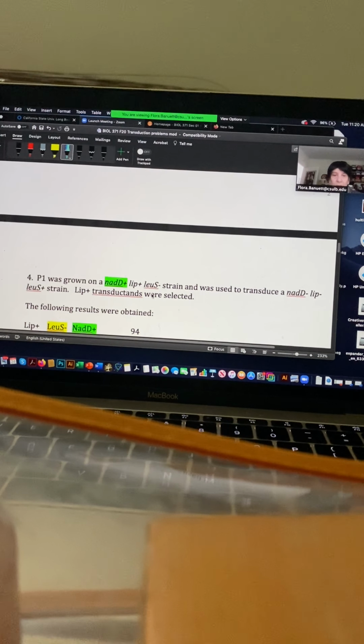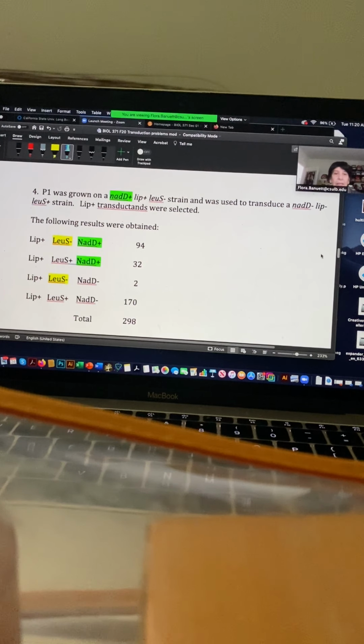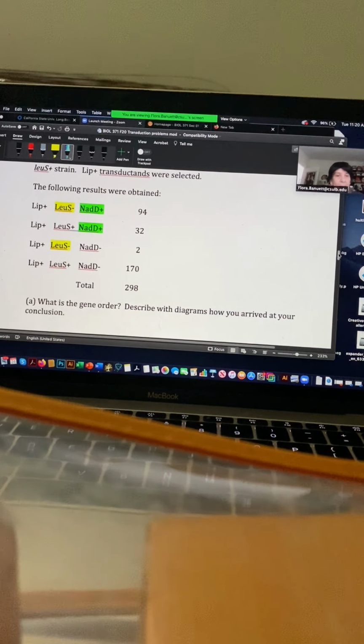And LIP plus transductants were selected. Okay, and here are the classes that you have, and the total number is 298. And then the question is, what is the gene order? And you describe with diagrams.